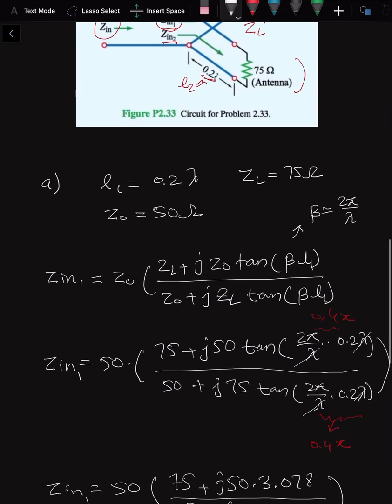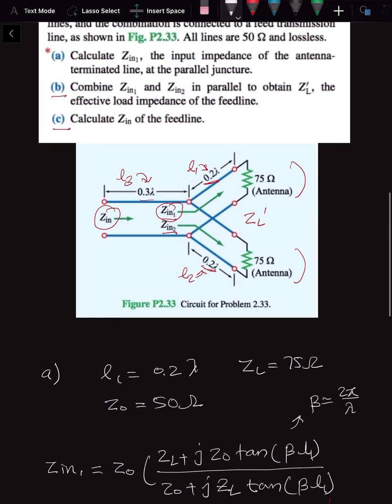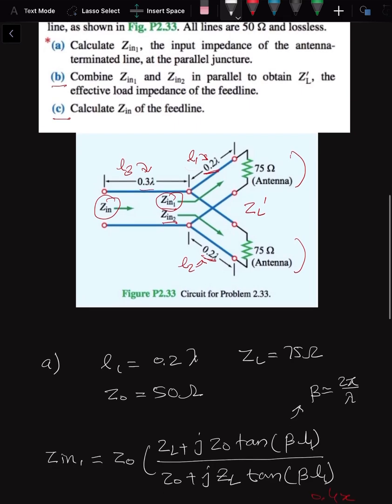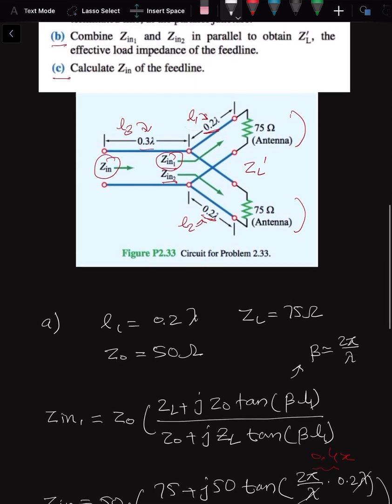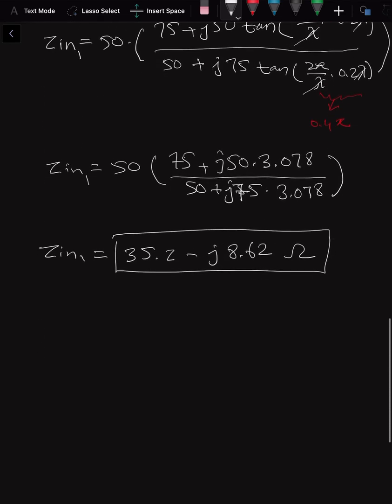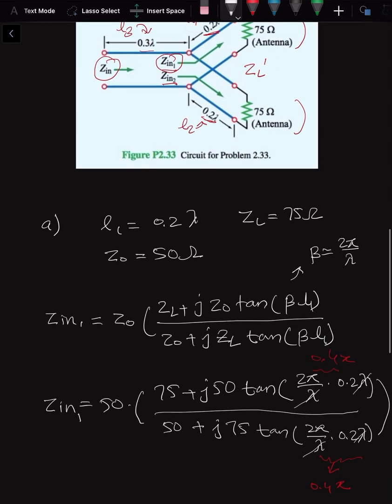In part B of the question, it says combine Zin1 and Zin2 in parallel to obtain ZL prime, the parallel combination of Zin1 and Zin2.